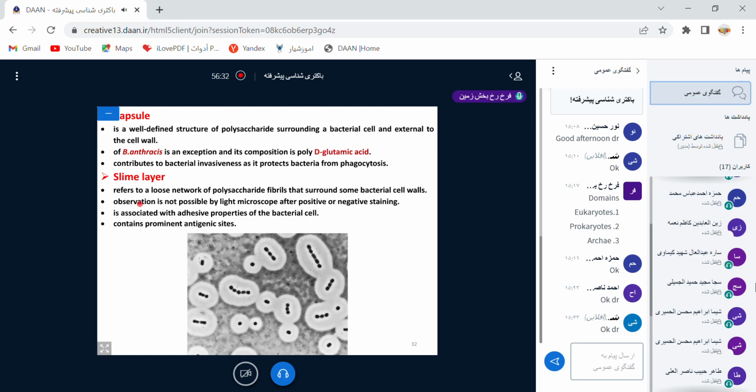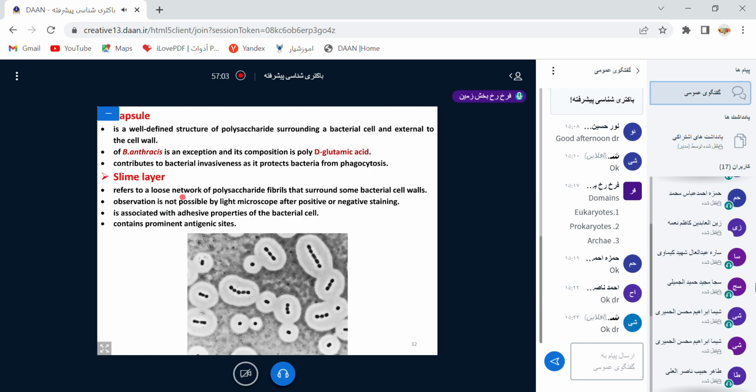A slime layer refers to a loose network of polysaccharide fibrils that surround some bacterial cell walls. Observation is not possible by light microscope, but after staining it is possible. Observation of the capsule is possible, but observation of the slime layer is not possible because it is a loose network.